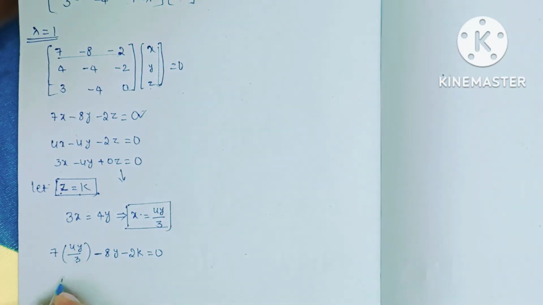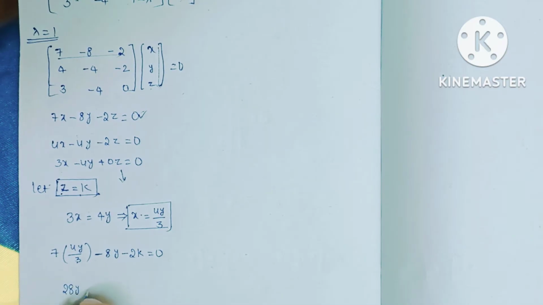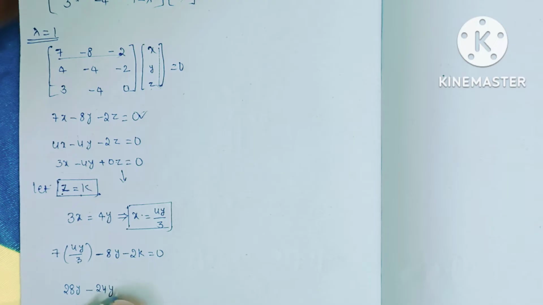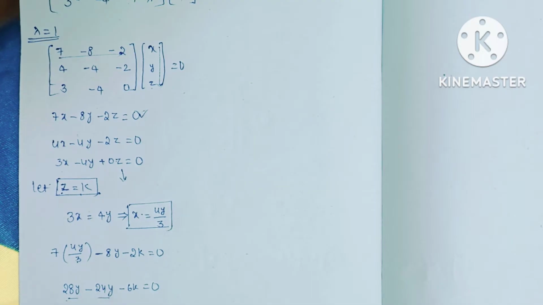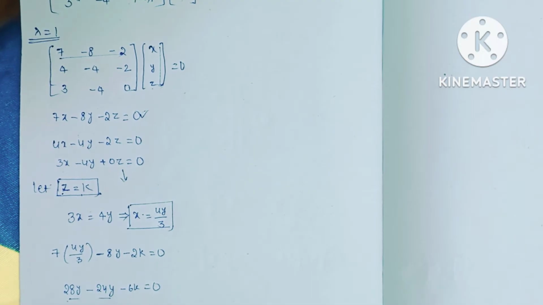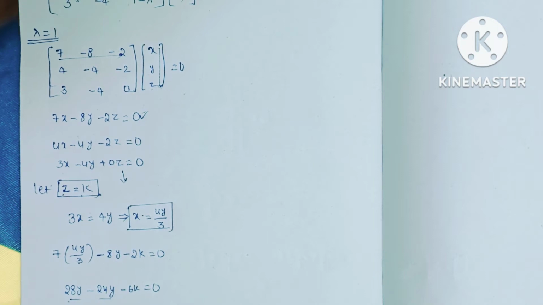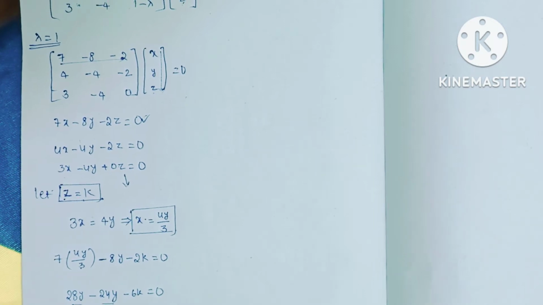So 7 fours are 28y minus 3 into 8, 24y, minus 3 twos are 6k, which is equal to 0. So here we will get 28 minus 24, 4y, which is equal to 6k. From here y equal to 6 by 4, so 3 by 2 k. We know that y equal to 3 by 2 k.